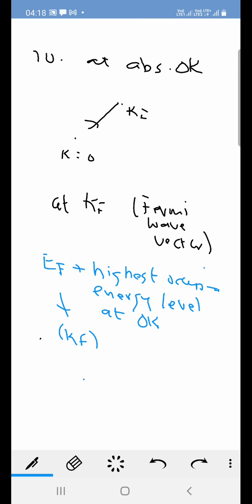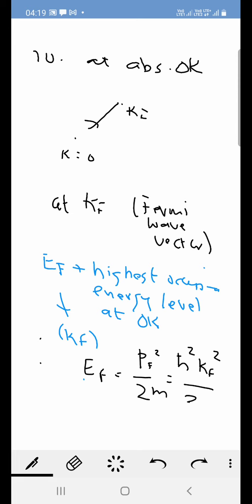We'll try to find out what k_F is. E_F, as we know, is p square by 2m, that is p_F square by 2m, so it will be h cross square k_F square by 2m.